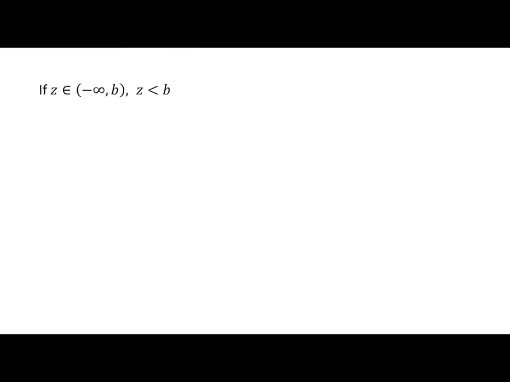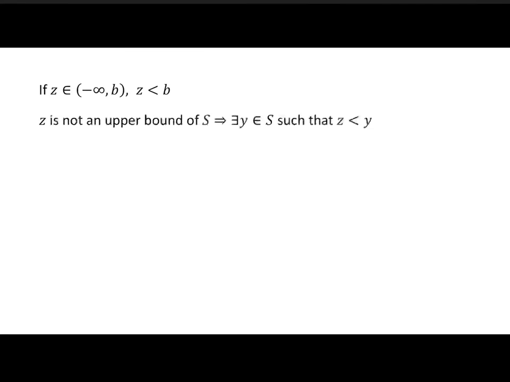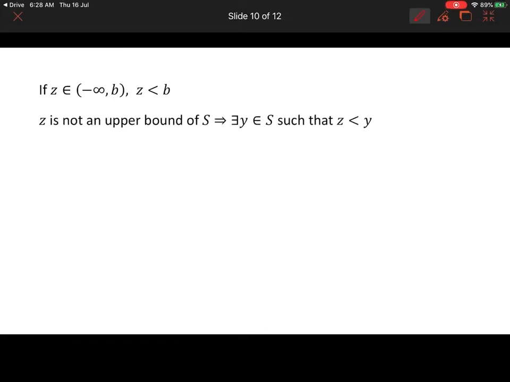Now I am taking z as an element of the open interval minus infinity, B. If z is in the open interval minus infinity, B, then z is strictly less than B. Okay, who is B? B is the supremum of S, and z is less than B. Supremum means least upper bound.